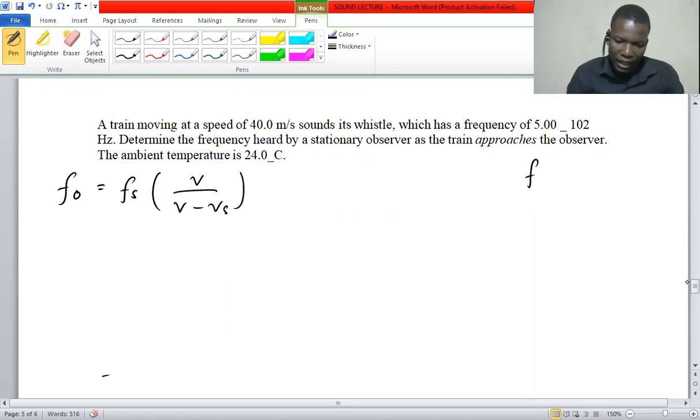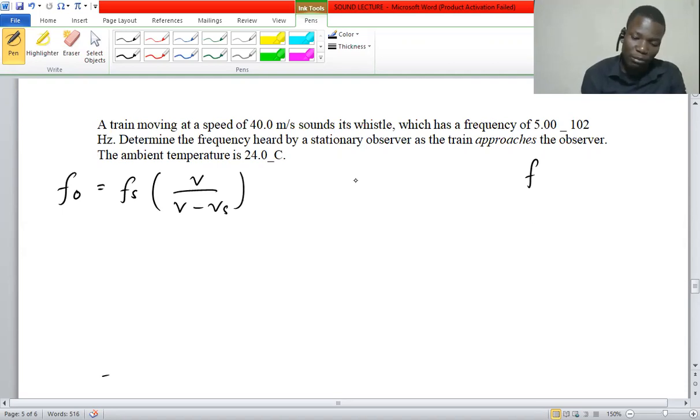Determine the frequency heard by a stationary observer as the train approaches the observer. The ambient temperature is 24 degrees Celsius. Okay, so here we have the speed of the source, we have the frequency of the source, and we want the frequency of the observer, but we don't have the speed of sound. But we've been given the ambient temperature to be 24 degrees Celsius.